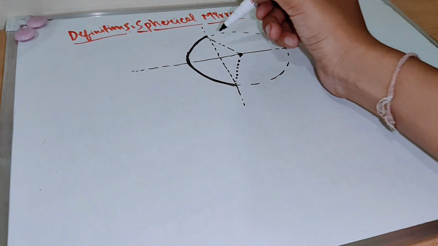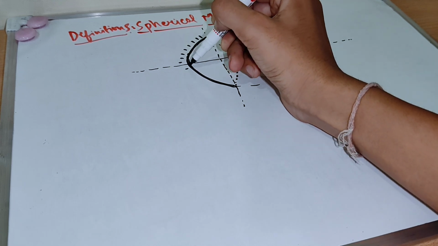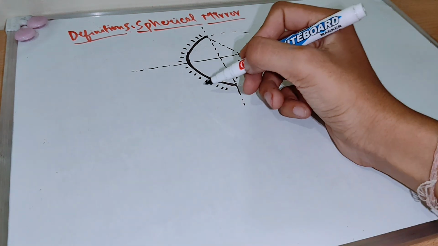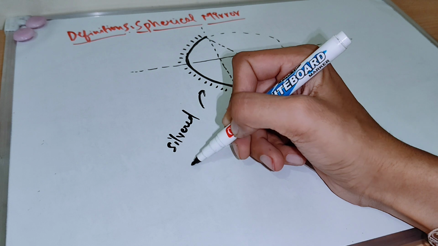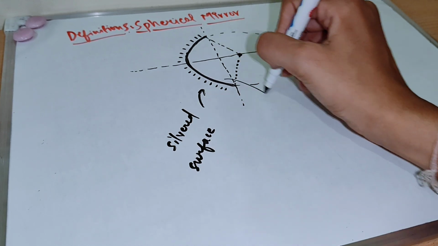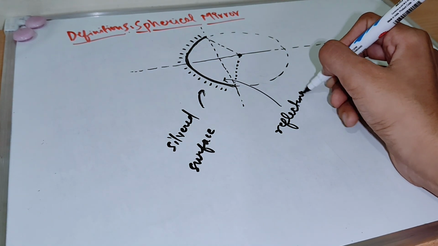Now I'm going to do the silvering on this side that I was talking about, which means that now this is the silvered surface and this is now the reflecting surface.